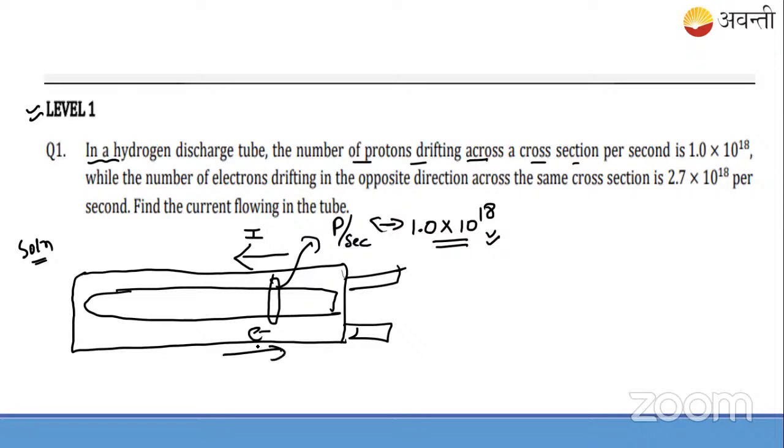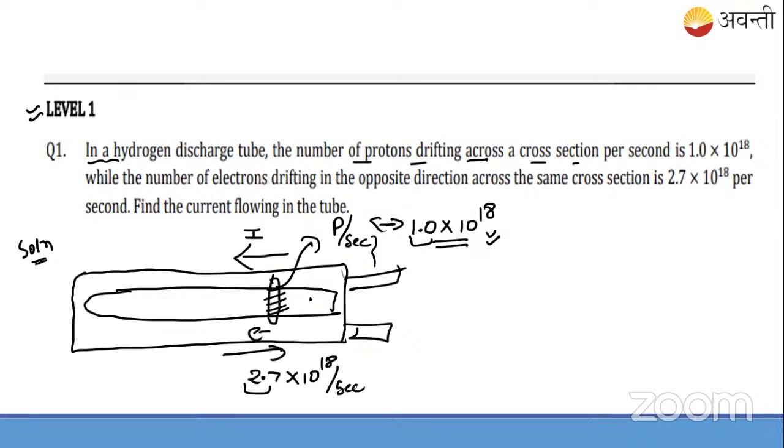But this time the numbers of protons and electrons passing through this cross section area are not the same. Here the electrons passing is given by 2.7 into 10 raised to power 18 per second. So you can see a little bit of difference, a difference of 1.7 between the number of protons and the electrons crossing that same cross section area.